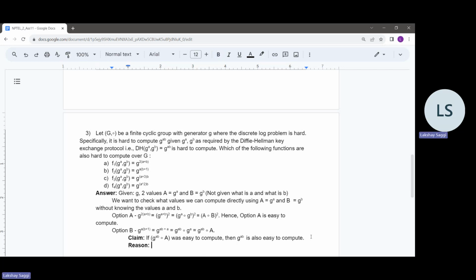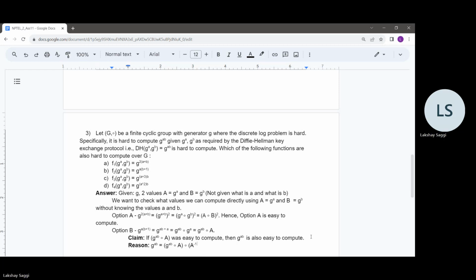The reason is that g raised to the power ab is nothing but g raised to the power ab times capital A times capital A inverse, right?